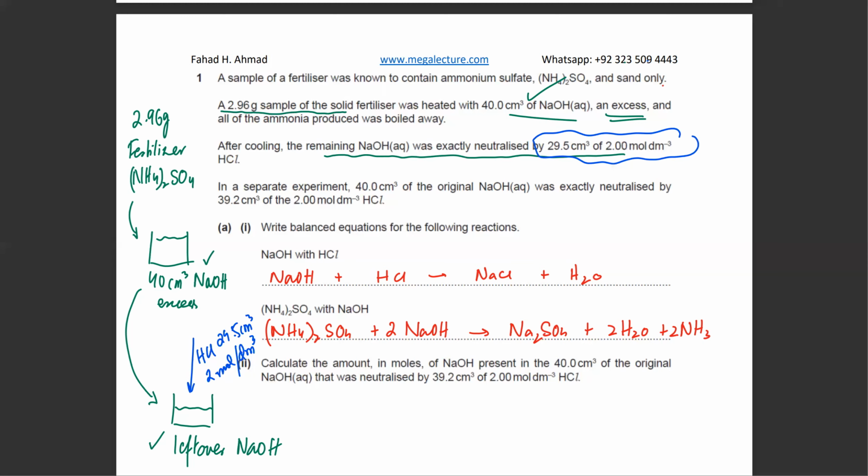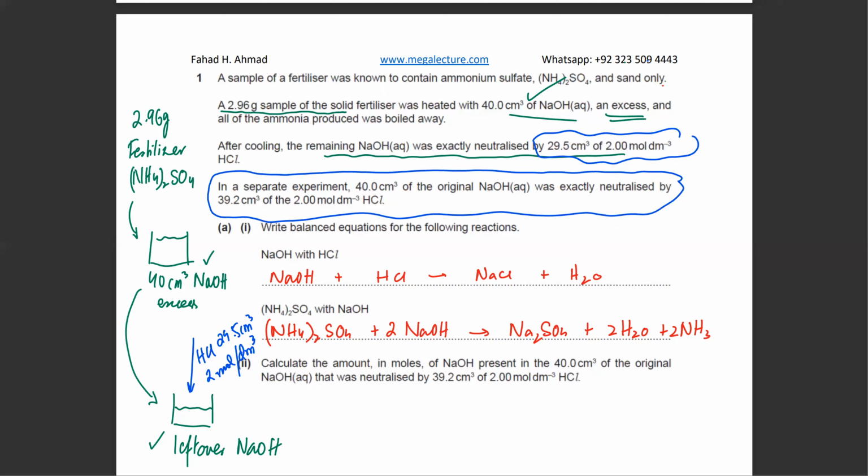What he now does is, if you look at the third statement, he does a separate experiment, a completely different experiment. And this time he takes the same 40 cm³ of NaOH which he used in the first reaction, the same one. So remember, this NaOH that he used is the same as the one he's talking about over here.